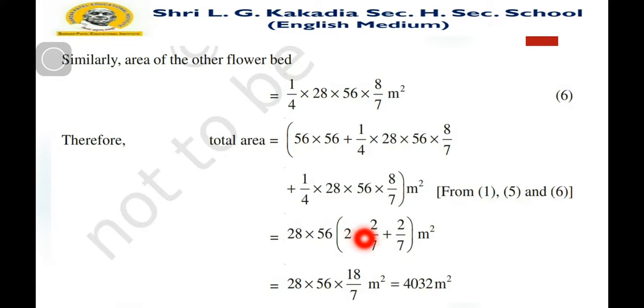So at last we get such an equation, that the total area of the flower bed is 4032 meter square.